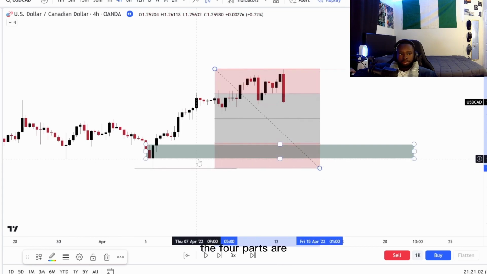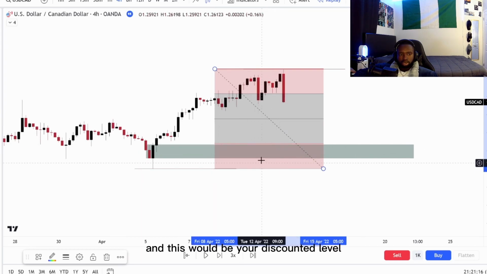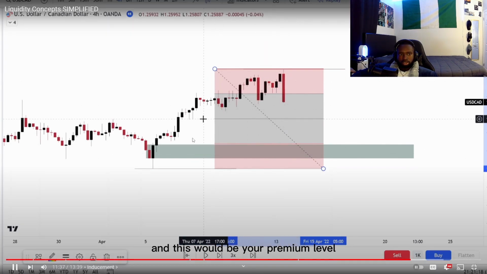The 4 parts are 0, 25, 50, 75, 100. And this would be your discounted level, and this would be your premium level, and this would be your fair price. Okay, I do use my fibs like that.